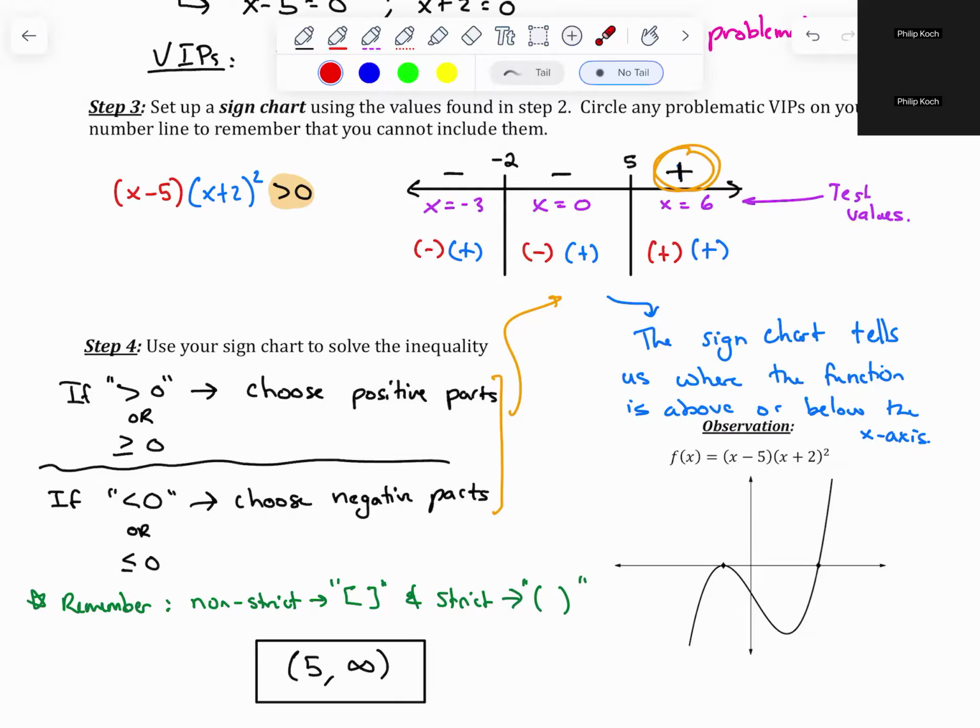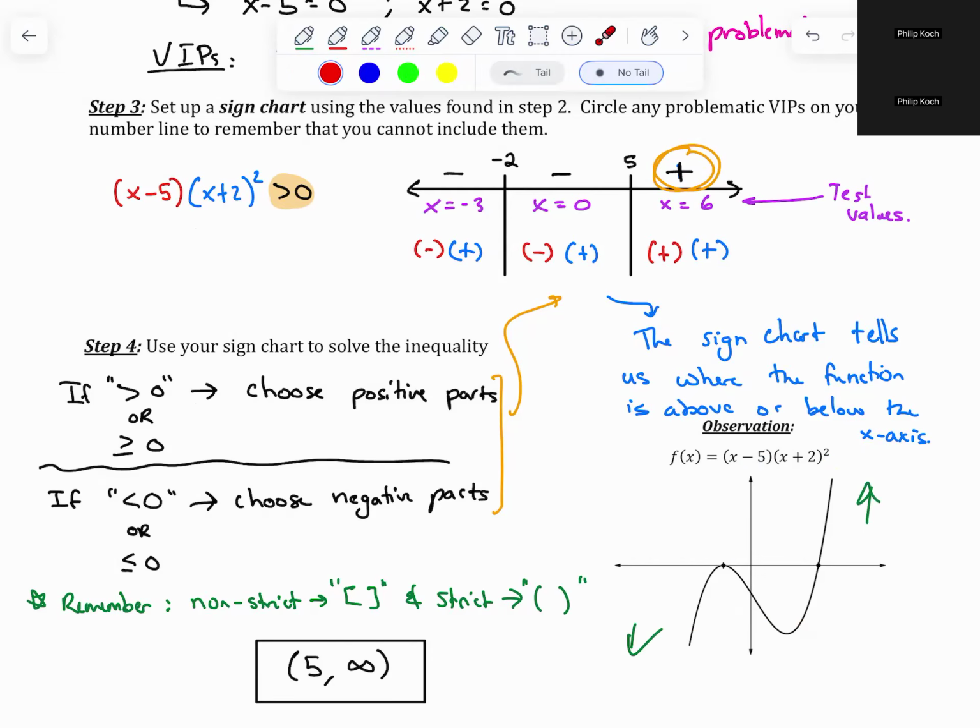That's a degree 3 polynomial with leading term x cubed, which falls on the left and rises on the right. We have a zero at -2 with multiplicity 2, so it should bounce, and a zero with multiplicity 1 at 5, so it should cross through.